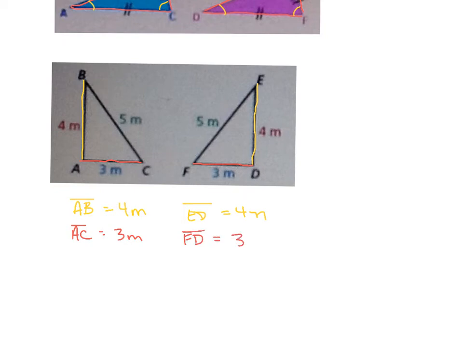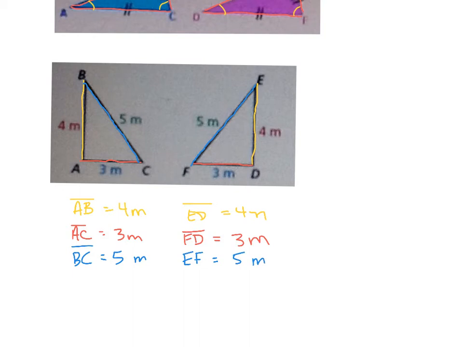And then we're going to look at the diagonal line, which is called the hypotenuse. It's actually the longest line of the triangle, but we're going to call it the diagonal line right now, or the hypotenuse. BC equals 5 meters, and EF equals 5 meters.